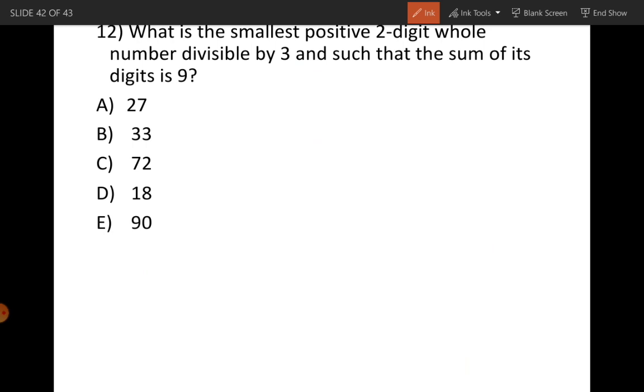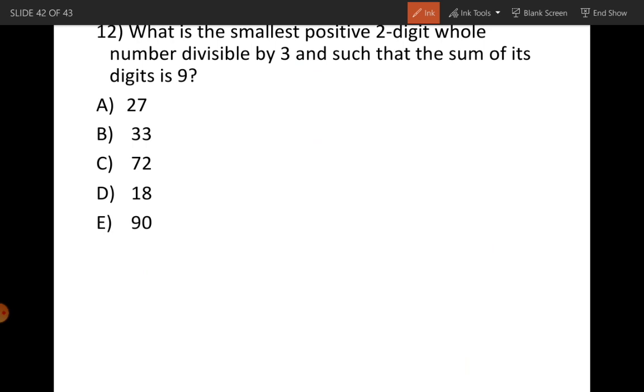Here all the options are 2-digit numbers, and the number is divisible by 3, and the sum of its two digits is 9.